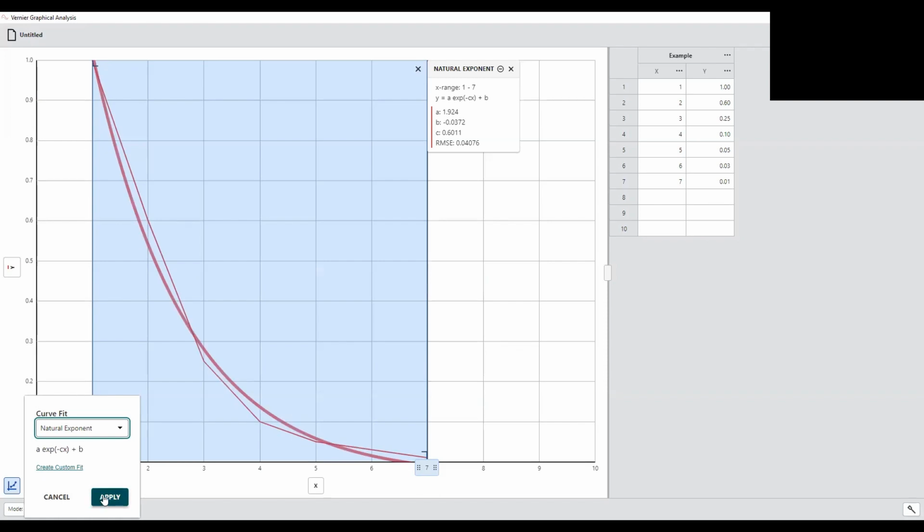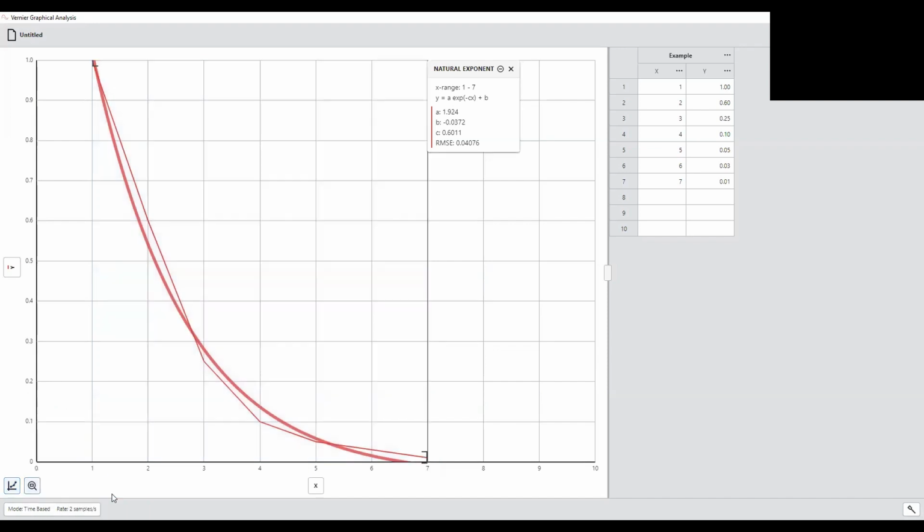Now, suppose that you say, okay, I will apply this one. Now here you have the equation: y equals A e to the power of negative cx plus b, where the coefficients are A 1.924. So y equals 1.924 e to the power of negative 0.6011x, and plus b, which is really negative because b is negative, so minus 0.0372.